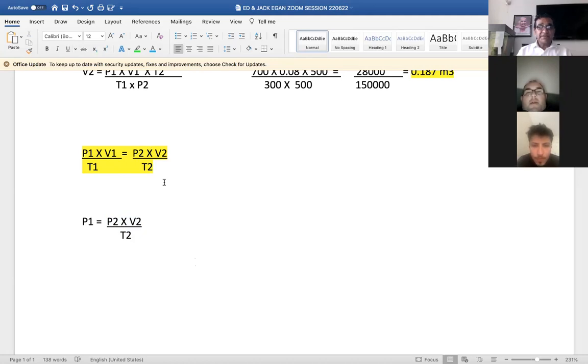Now the process is, if V1 is above the line, then we take it down to the bottom. If it's at the bottom, we take it to the top. So V1 is going to go to the bottom, and T1 is going to go to the top.